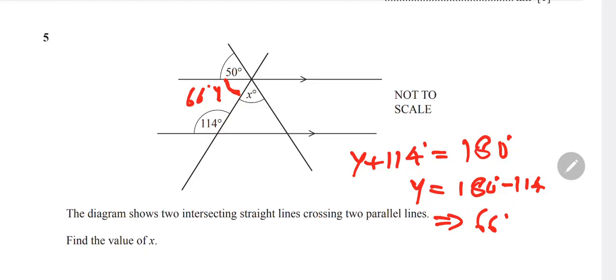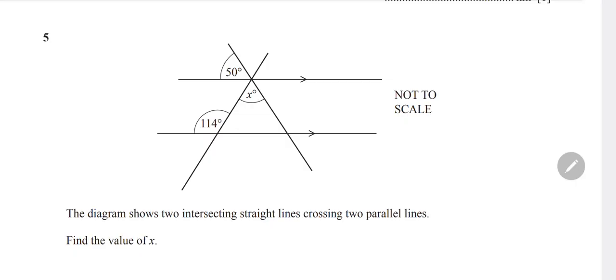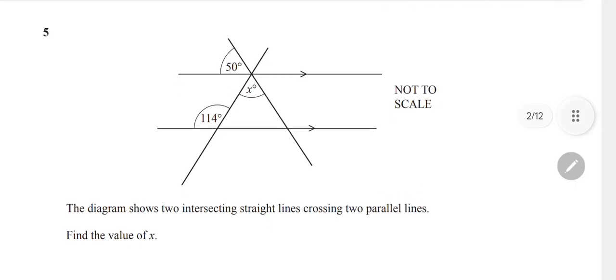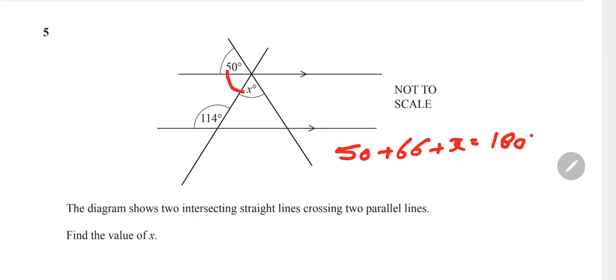Now students, if you see this figure carefully, this entire angle makes a straight angle. In a straight angle we have these angles: the first angle, this one, 50 degrees, and this we got as 66. So we add these two and x also. The combination of these three angles must be 180 degrees by the property of straight line angles. So 50 plus 66 plus x is equal to 180.